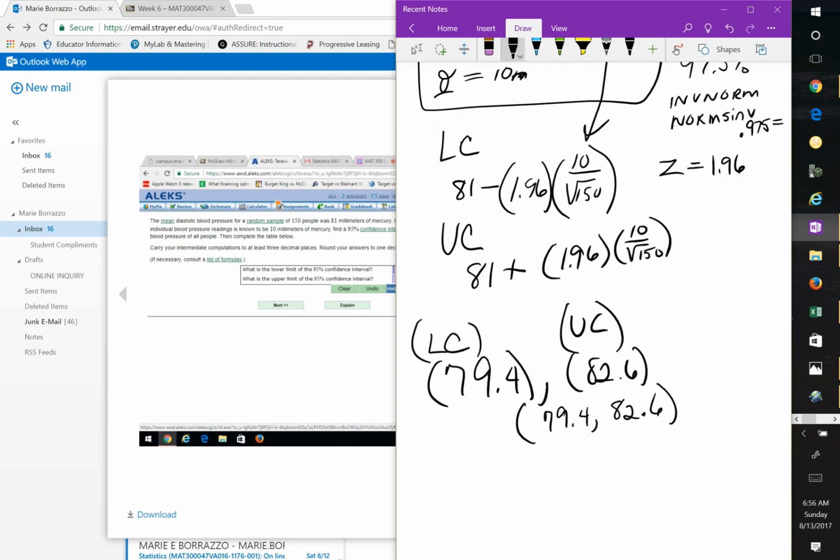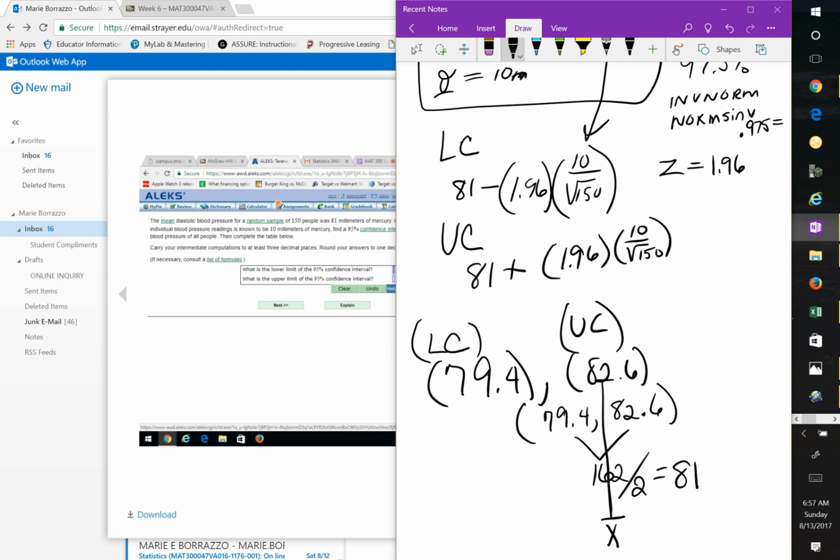I want you to note that if I were to add these two numbers, so if I added 79.4 plus 82.6, I would get 162, which if I divided in half would give me 81. Hence the mean is always right in the middle of the two.